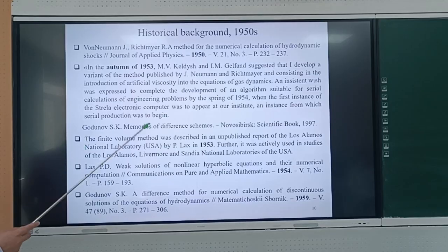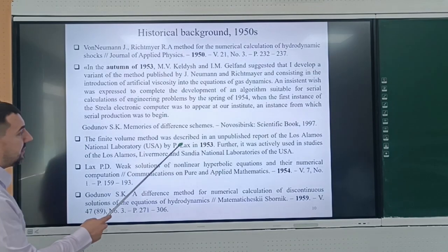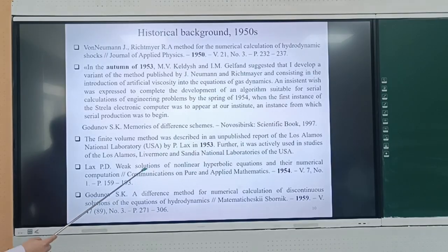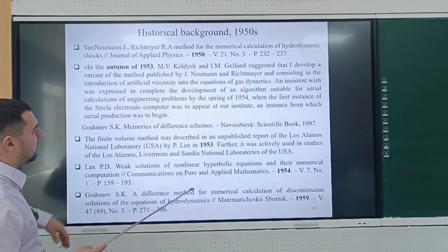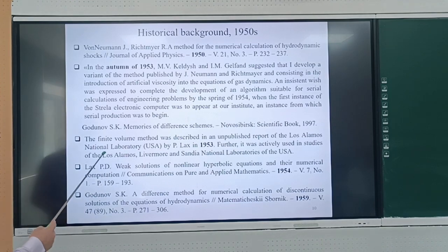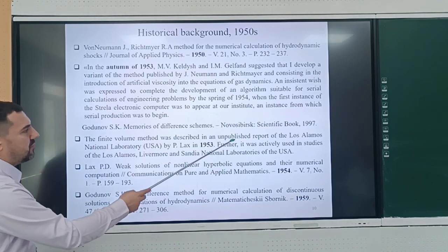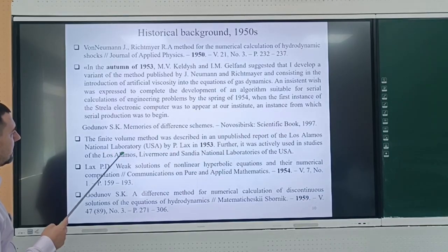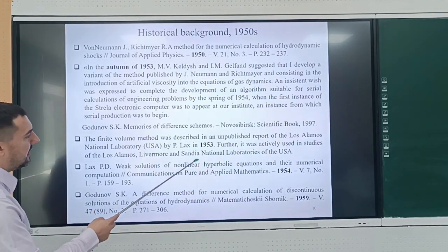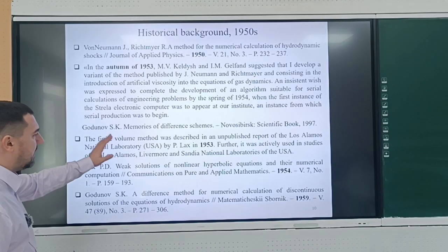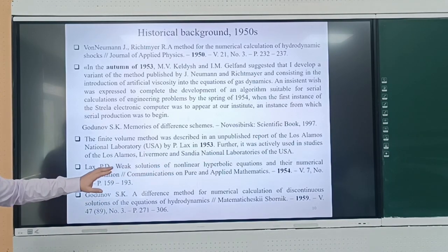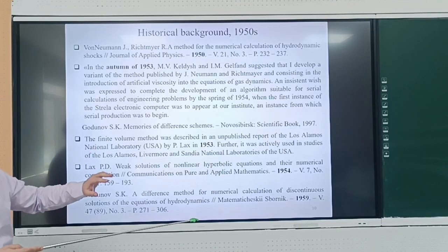In the United States, the finite volume method was described in a number of books and papers with this history, and the common point is that the finite volume method was described in an unpublished report of the Los Alamos National Laboratory by Lax in 1953. After that, it was actively used in all national labs like Livermore and others in the USA, and later it was published.